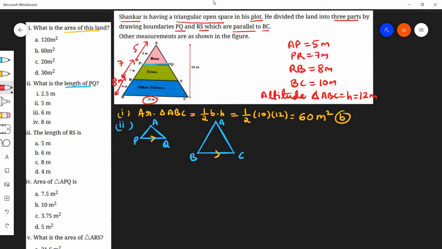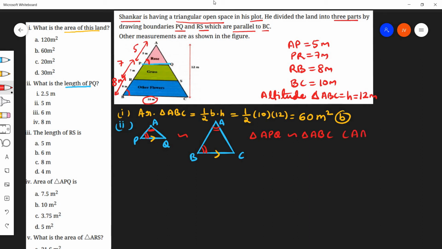In that case, if you see the main diagram, angle APQ is going to be equal to angle B, and angle A is common. That means angle P is equal to angle B, and angle A is common angle. Now for these 2 triangles, we have pairs of angles equal. So triangle APQ is similar to triangle ABC. And how are they similar?